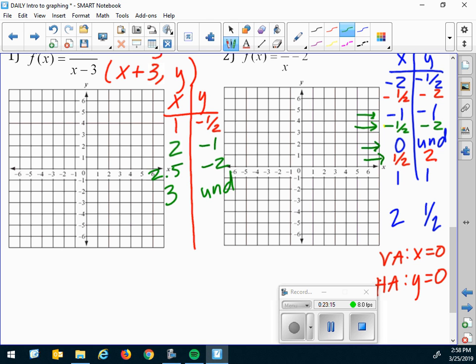Add 3. A half plus 3 is 3.5. Y value stays the same, 2. One more. X value: 2 plus 3 is 5.